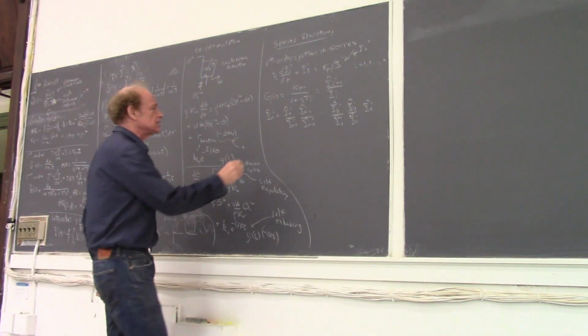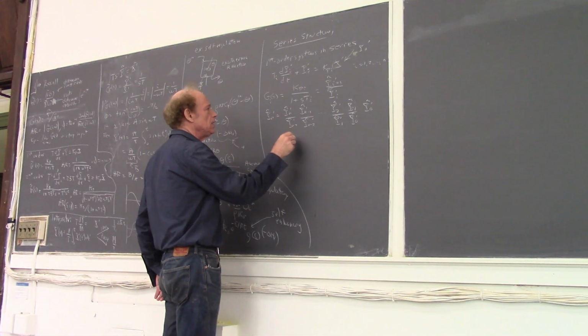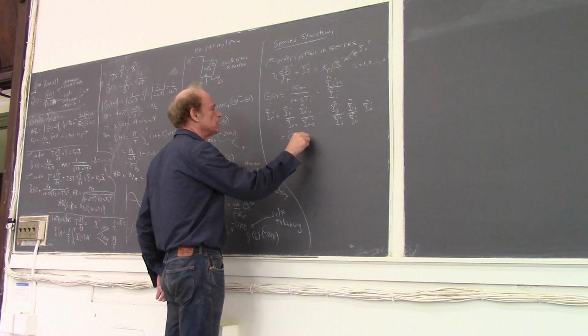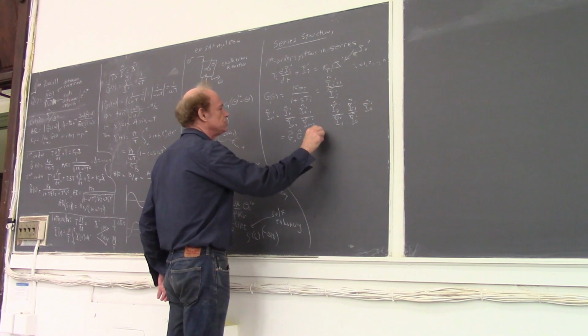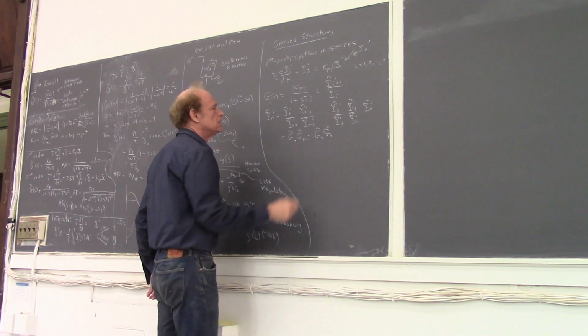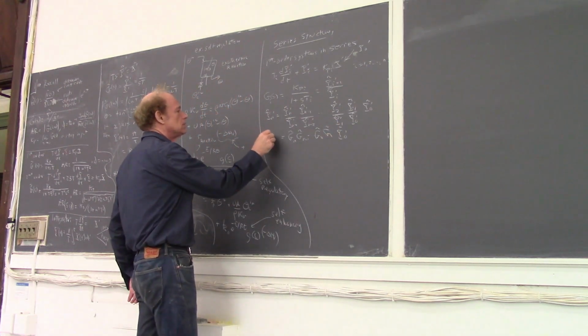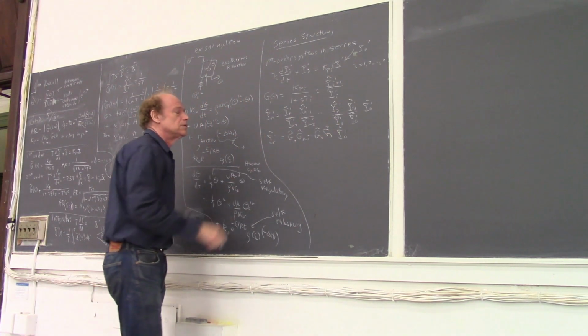In other words, this is equal to gn tilde, gn minus 1 tilde, ..., g2 tilde, g1 tilde, times y0 prime tilde.